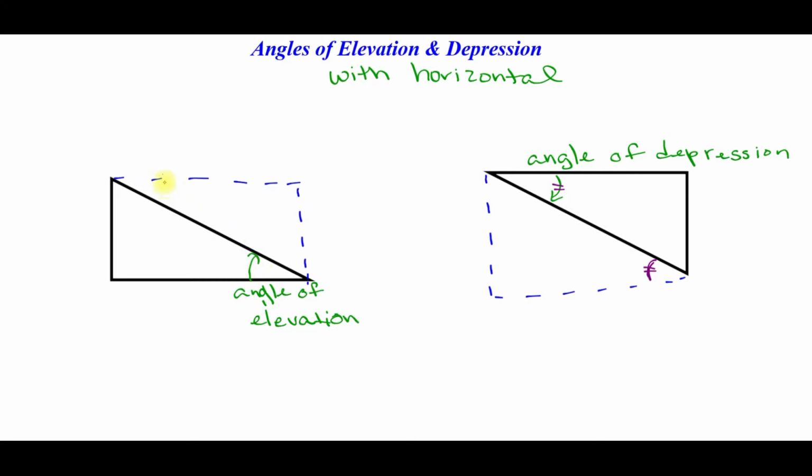Same thing over here, my angle of elevation would now be congruent to that angle of depression. So what we can figure out here is that the angle of elevation and the angle of depression are always equal, so it really doesn't matter how you draw your triangle, whether you draw it as an angle of elevation or angle of depression. The key is to know that those two angles are equal, and it's just important that you're drawing that angle of elevation or angle of depression between the hypotenuse and the horizontal, never the vertical.